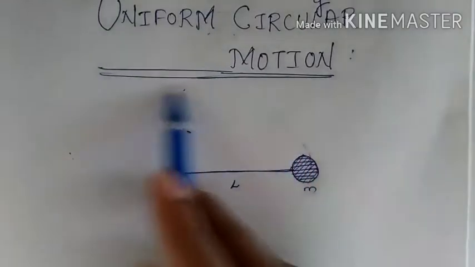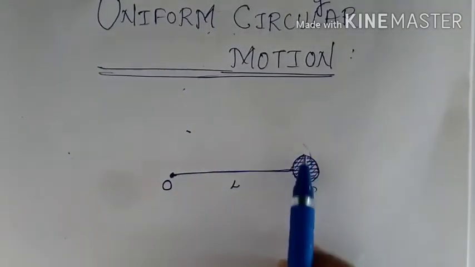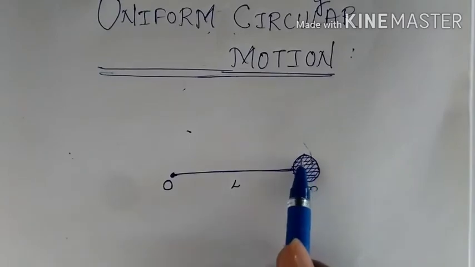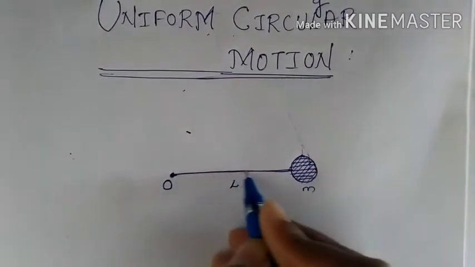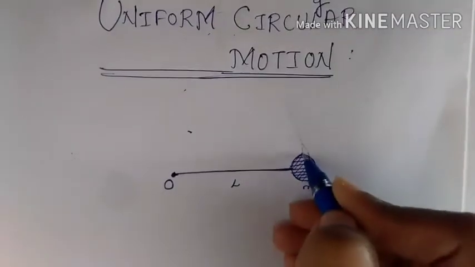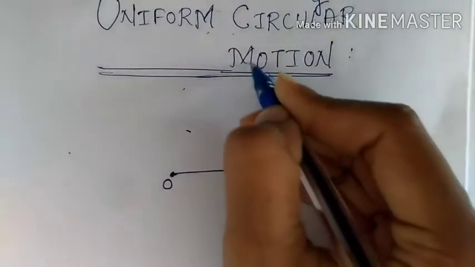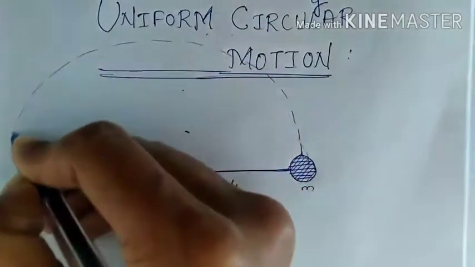Now if you rotate this, then this object will take a circular path.